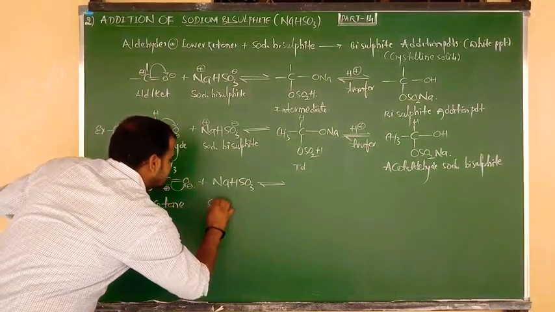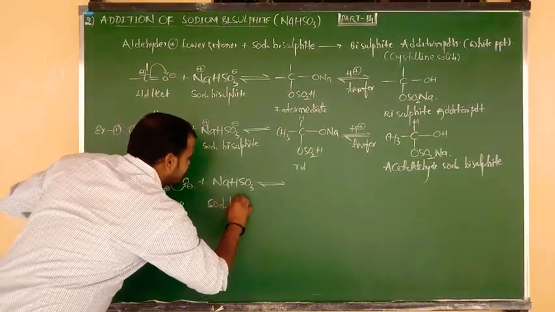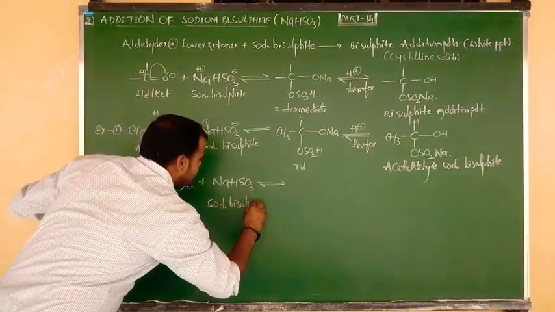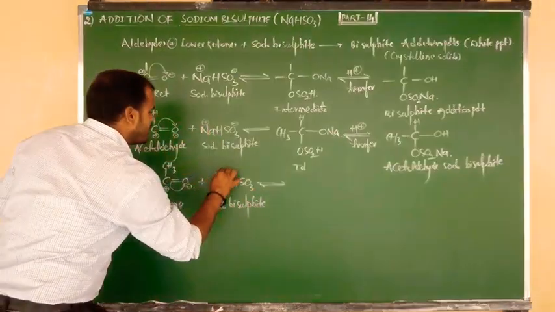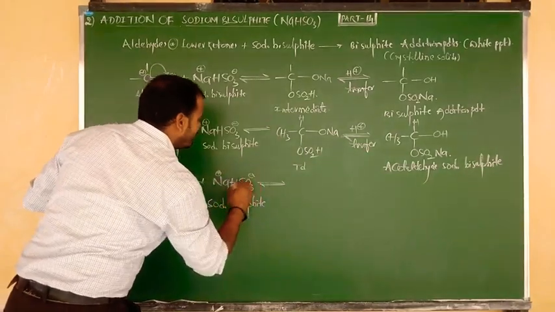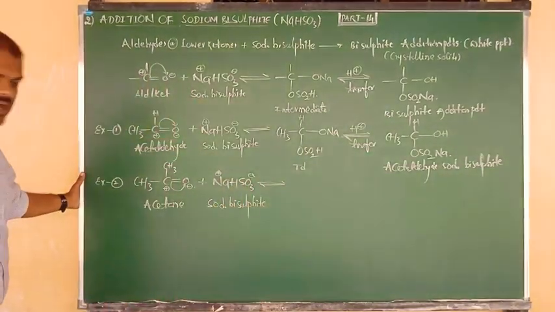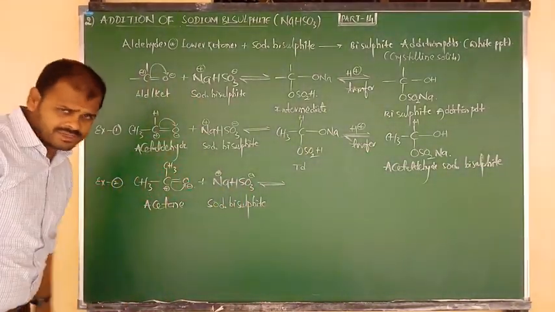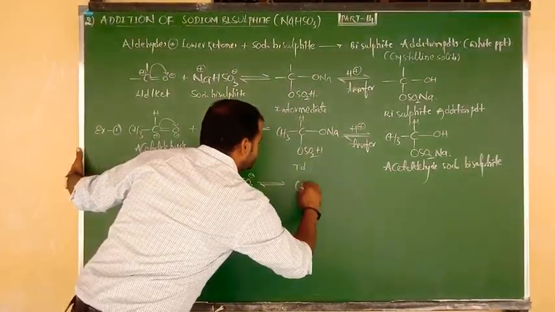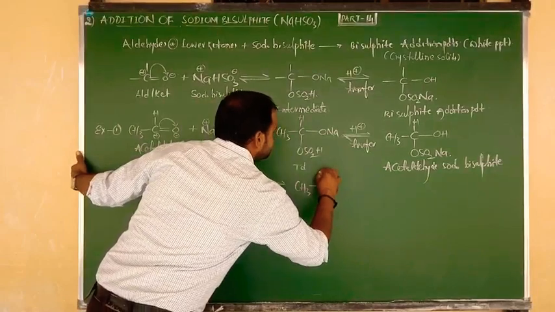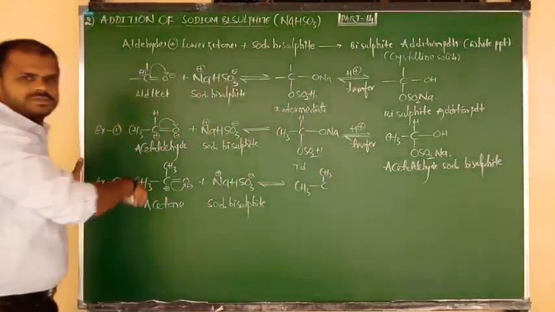And the name of this reagent is sodium hydrogen sulfite, and also we can say sodium bisulfite. Here sodium contains the positive charge and the anionic form HSO3 minus the negative charge. Negative attacks upon positive, positive attacks upon negative. C connected to 2 methyl groups.